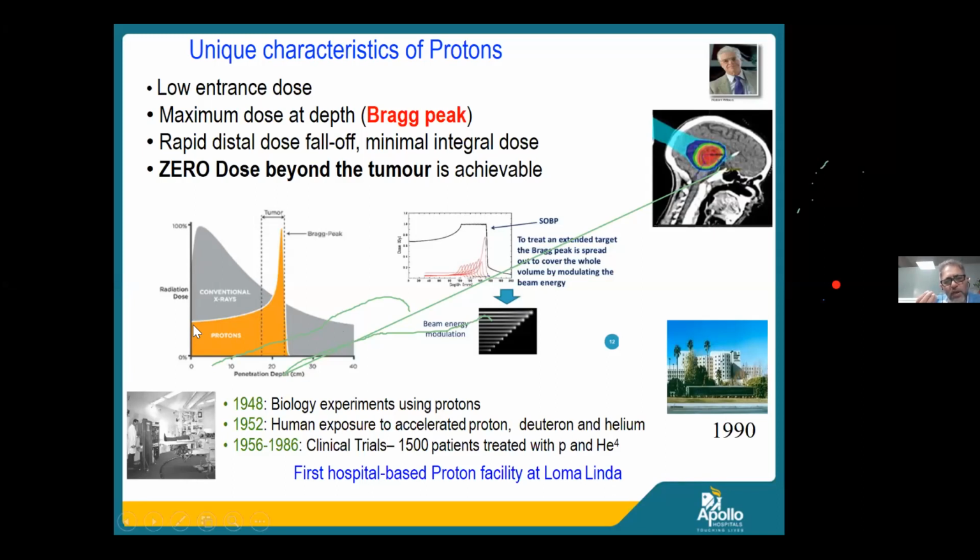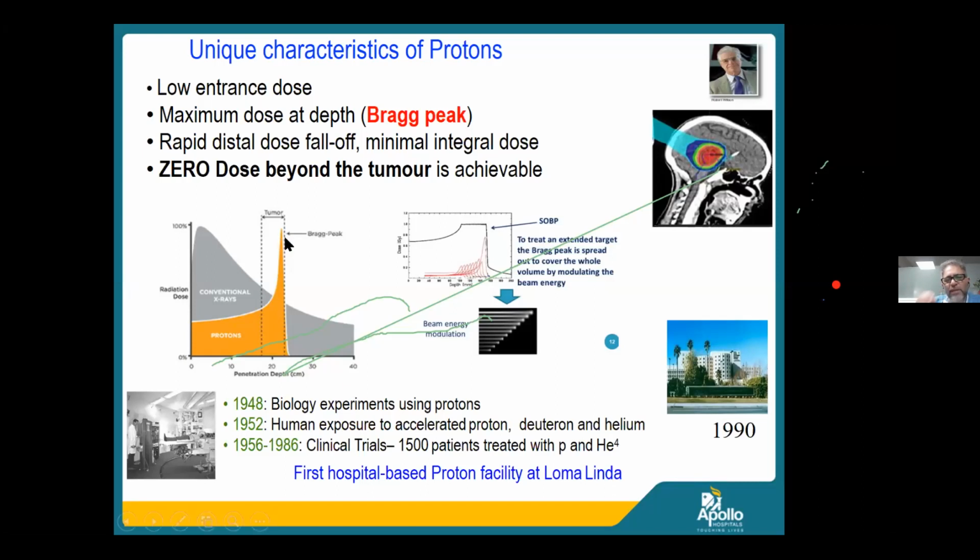Protons are relatively light, not very heavy charge. So after a finite distance in the tissue, they give away all the energy, all the intensity at one spot or point. And that is how we achieve the classic Bragg peak, and deposit all the energy there.